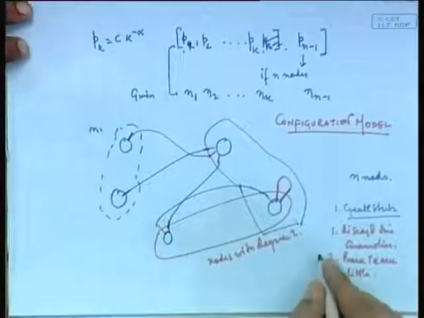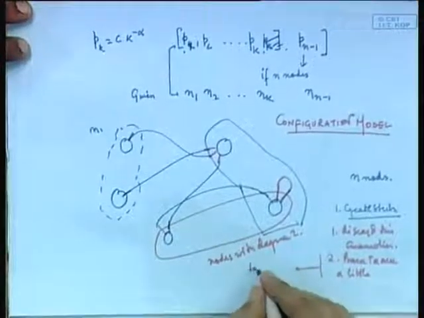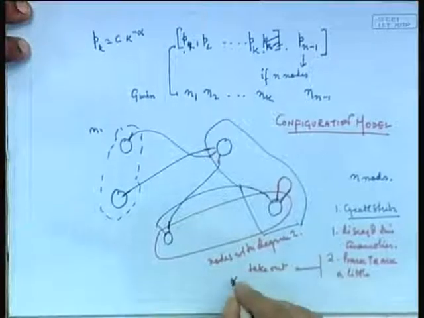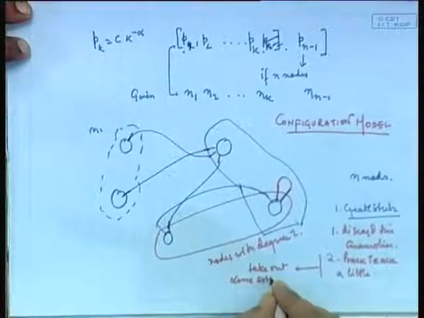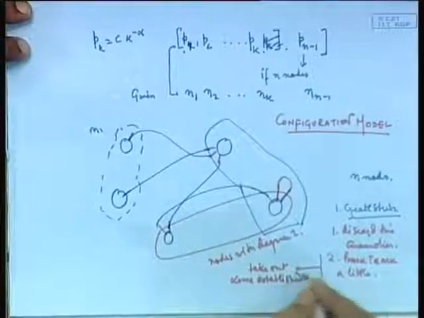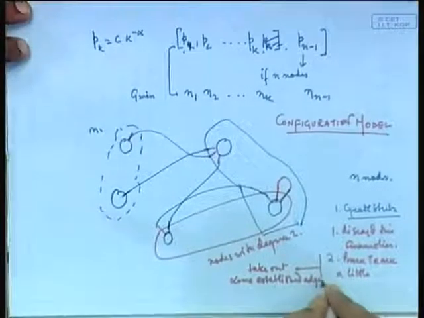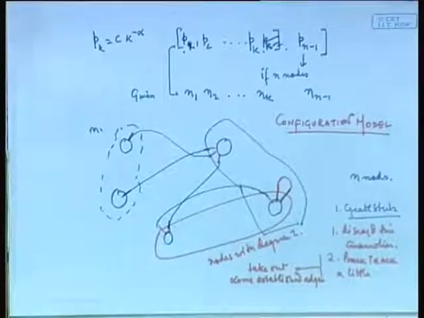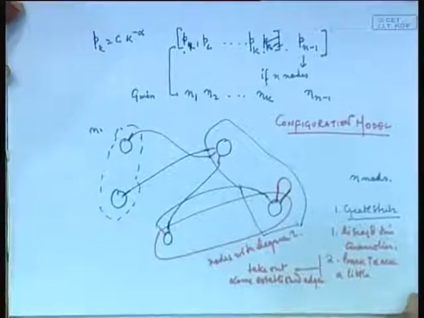In backtrack, you take out some established edges and then again rewire. Then connecting. So, this is what is called the configuration model. Clear?